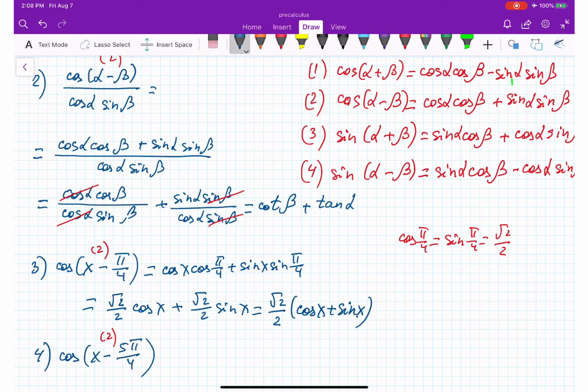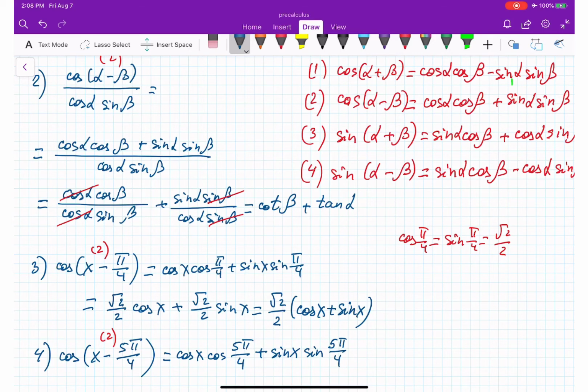And when we apply it, we are going to get cosine x and cosine 5 pi over 4, plus sine x and sine 5 pi over 4. That's formula 2.